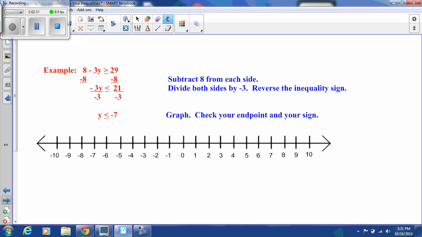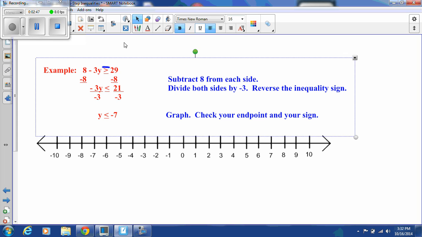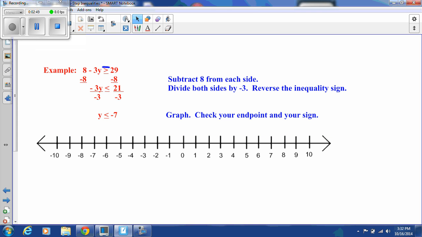In the second example, 8 minus 3y greater than or equal to 29. Just as you would if this were an equation, we will subtract 8 from each side, giving you negative 3y is greater than or equal to 21. Next, we're going to divide both sides by negative 3 because that undoes the multiplication.